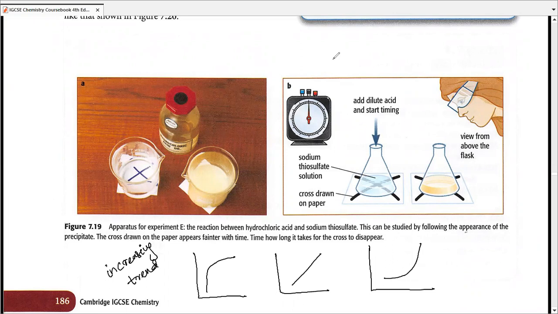If I slightly change it, and let me clarify myself, if we are supposed to go with a decreasing trend graph, then everything would change in the same way. The decreasing trend graph can be of the same type like this, or maybe like this, or maybe a little bit like this. Now, the extreme one on the left tells you that we have the maximum pace of decrease in the first few seconds of the course of reaction, but then it slows down.